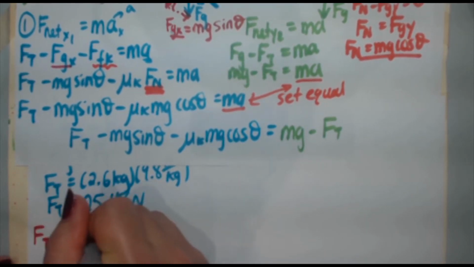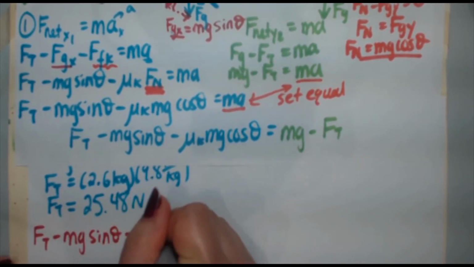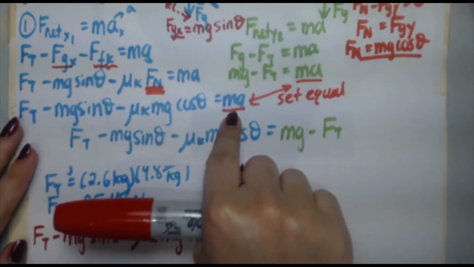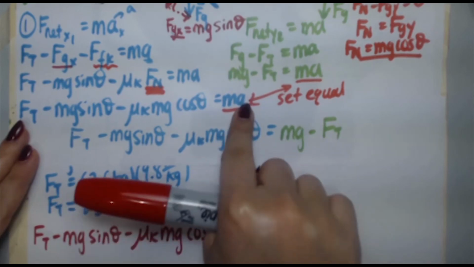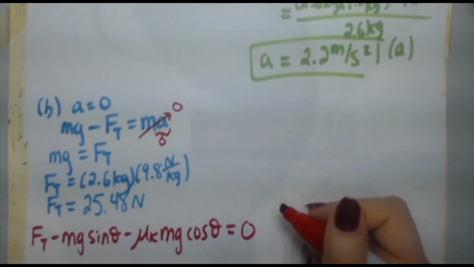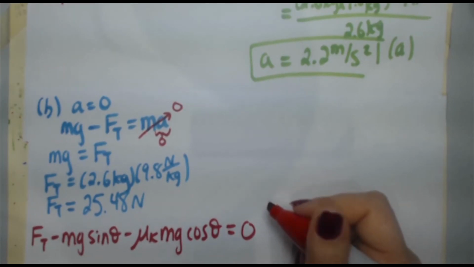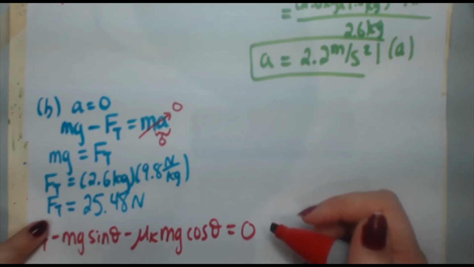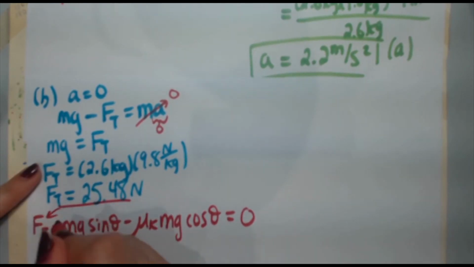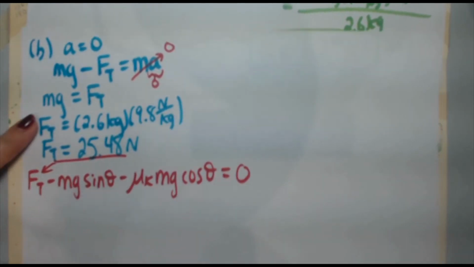Ft minus mg sine theta minus mu k mg cos theta equals ma. Again, a is 0 here, so I'm just going to set the right side equal to 0. And remember, the Ft is the new Ft, the one we just calculated, 25.48. That's what you're going to plug in here, not the old one.